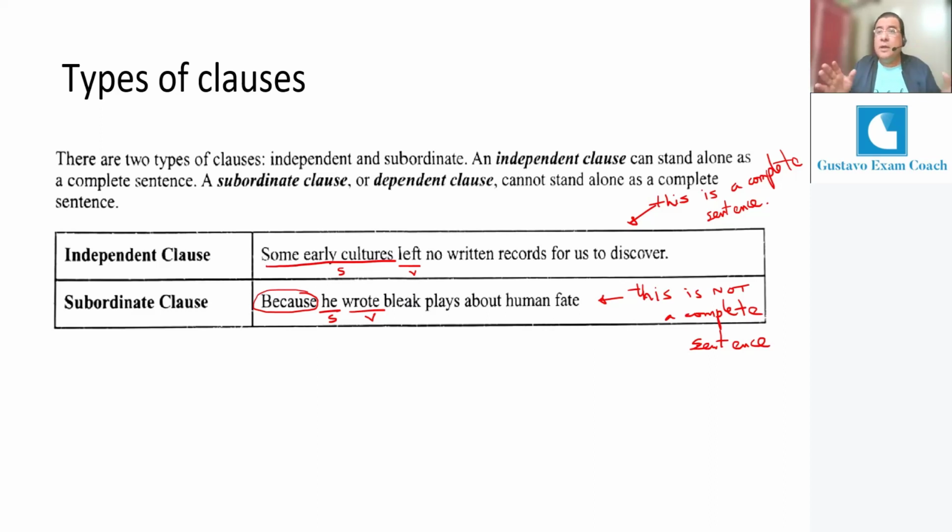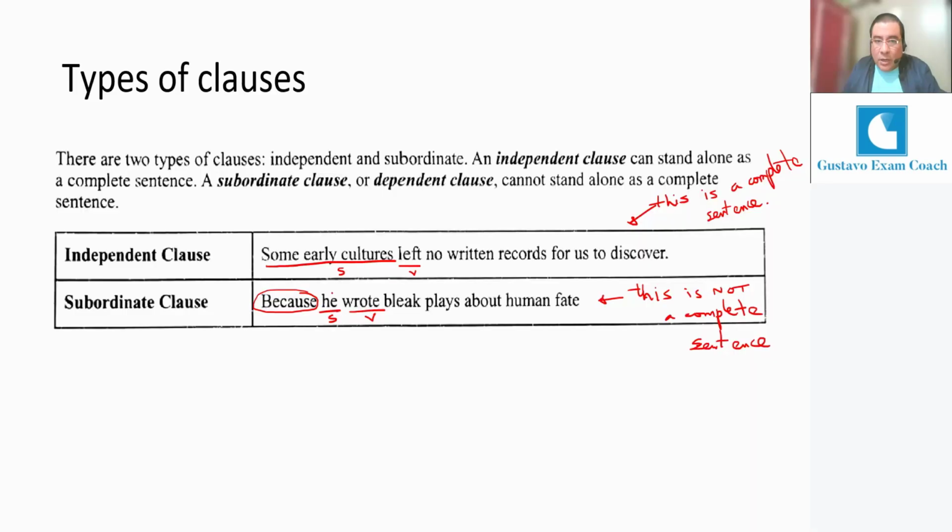If we don't see the word "because," we don't think about this clause being a reason for something else. But the presence of "because" helps us understand that we need another clause, some more words to complete our thought. So we call this a fragment. It's not a complete sentence. The subordinate clause "because he wrote bleak plays about human fate" we might complete by adding simply another independent clause.